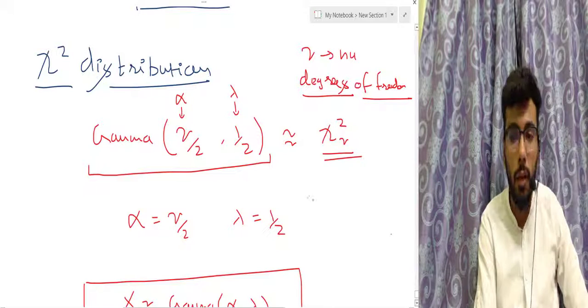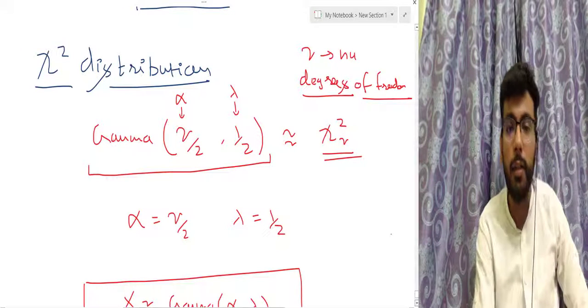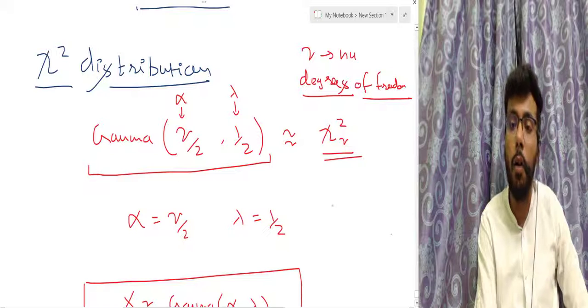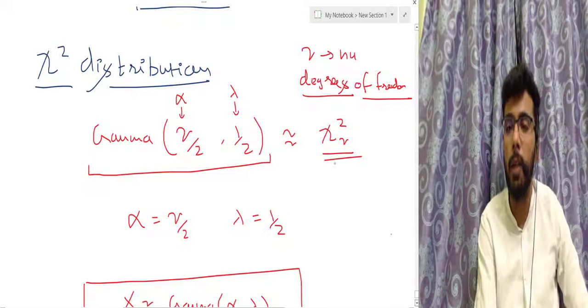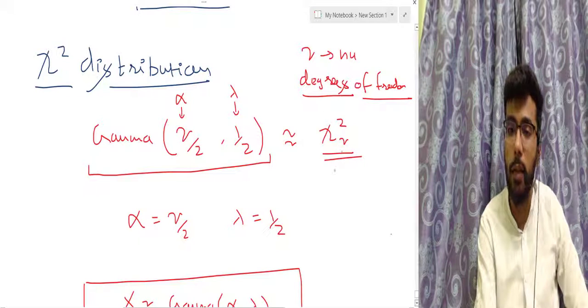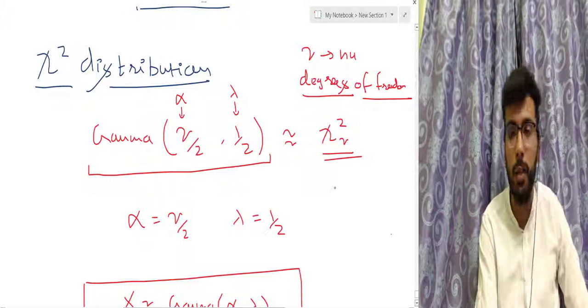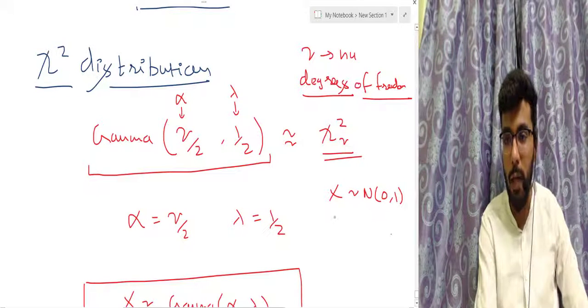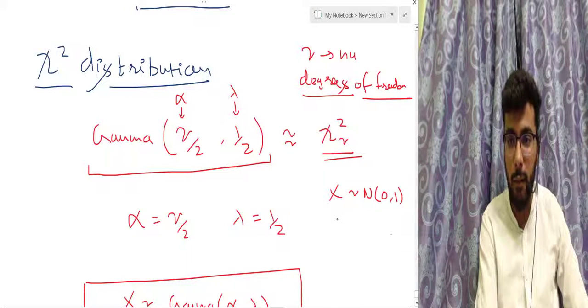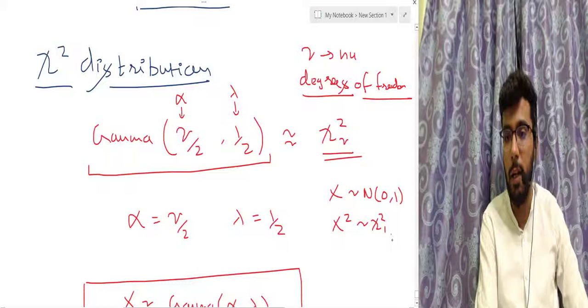Another definition you will find eventually, once we learn the normal distribution, is that the chi-square distribution is just the square of the normal distribution. So if x follows a standard normal distribution with parameters 0 and 1, we'll talk about what this means later, then x square follows a chi-square 1 distribution with 1 degree of freedom.